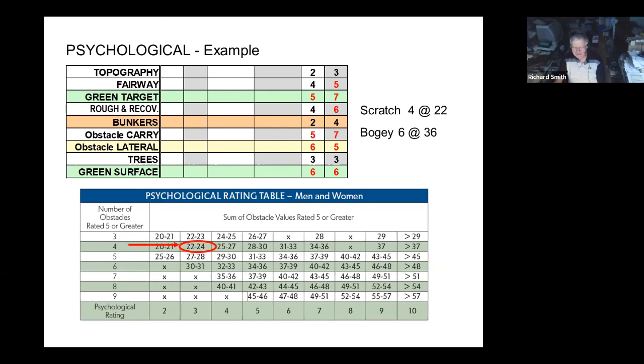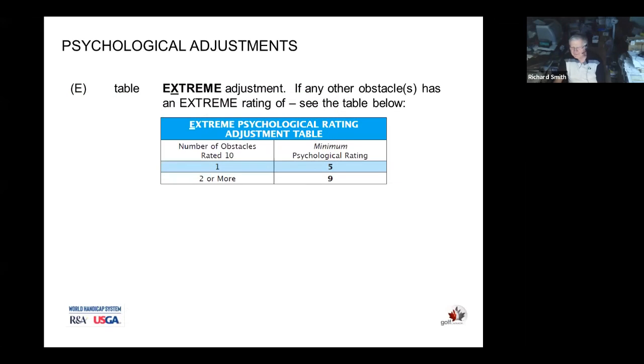So scratch would be there. We'd get a psych value of 3. Bogey would be here and would get a psych value of 5. But as I say, the software does this for us now, but it's interesting to know where it comes from.